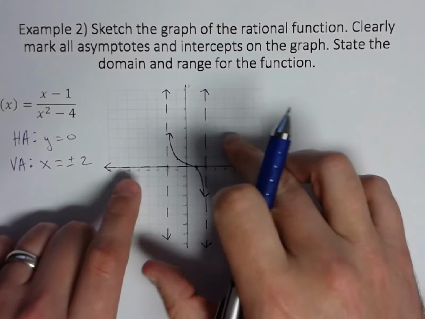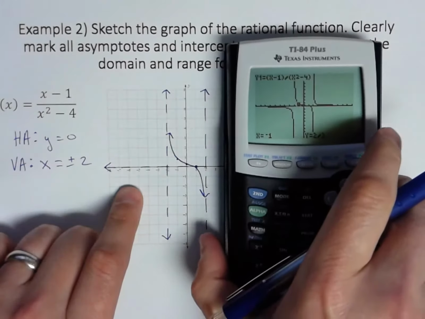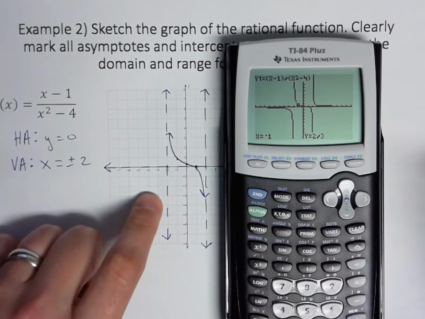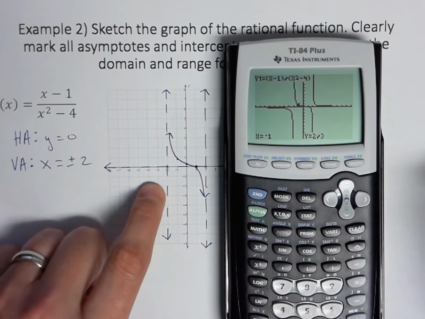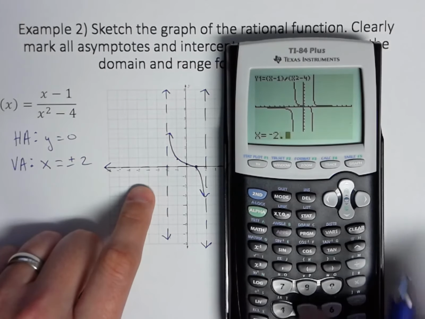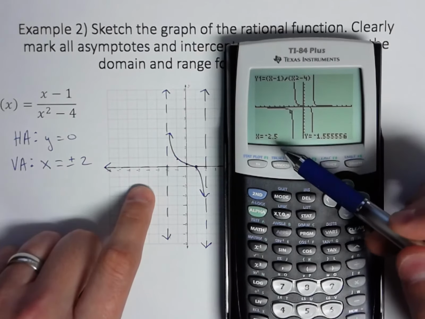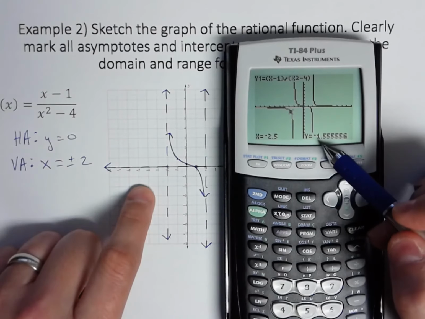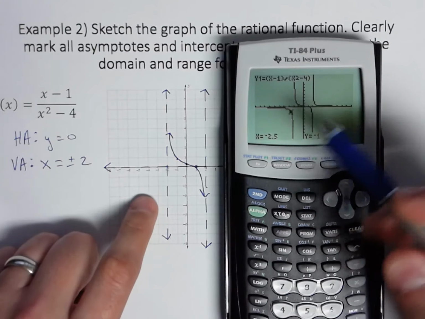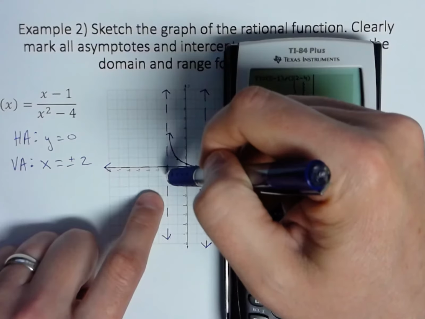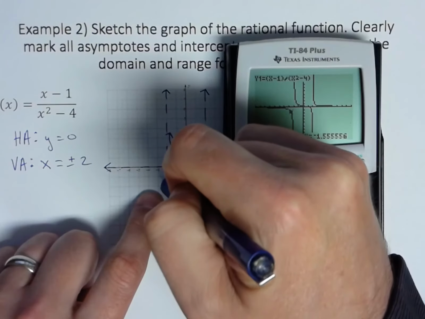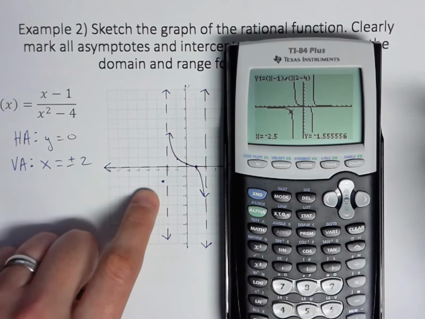Okay, let's get a couple points out here either side, and just enough so we can see what's happening. How about negative 2.5? I'm just trying things. So at negative 2.5, it's about negative 1.5. So I got a point about in there.